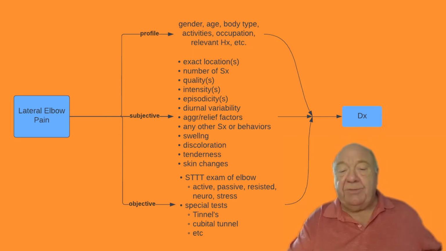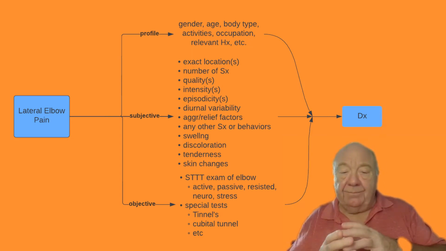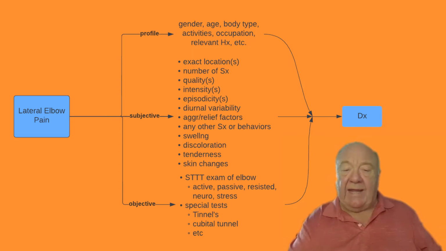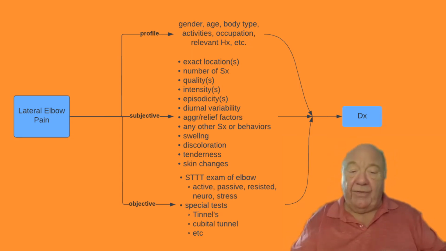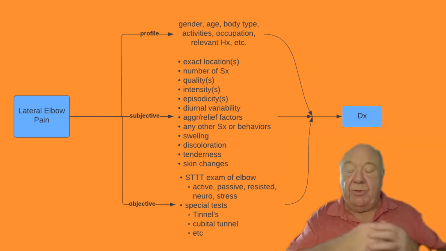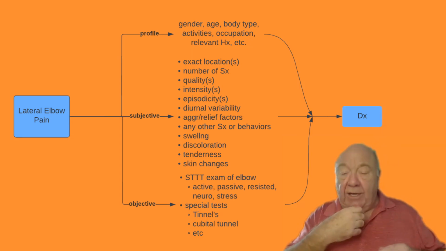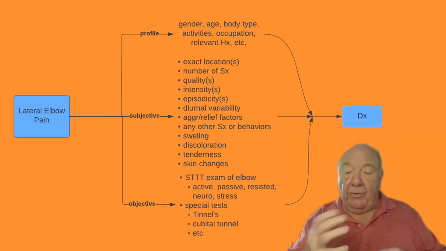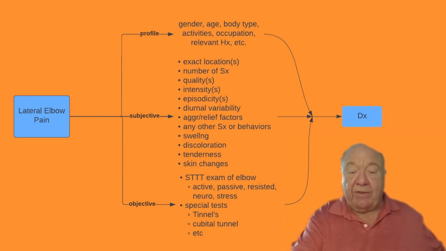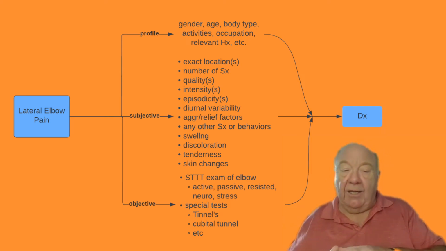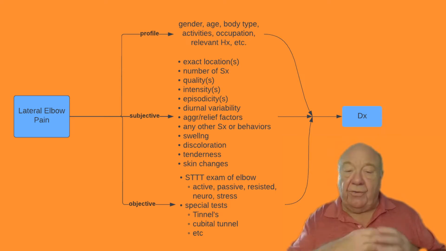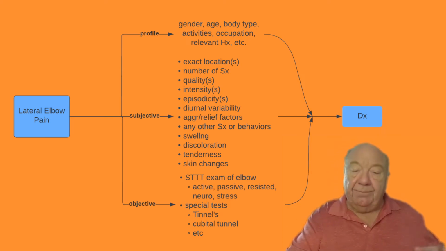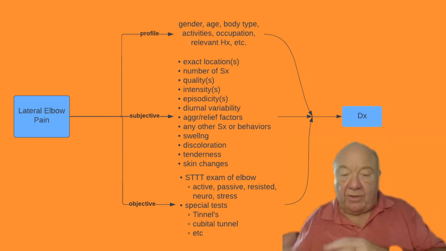And then objective testing: the selective tissue tension test, active, passive, resisted, stress test, and so on. Any special tests you might think to do. So if we're looking at the elbow, you would do active, passive, and resisted flexion, extension, pronation, and supination. You would stress test those ligaments. You would look at the end feels on the active movements. And you would resist those movements as well.